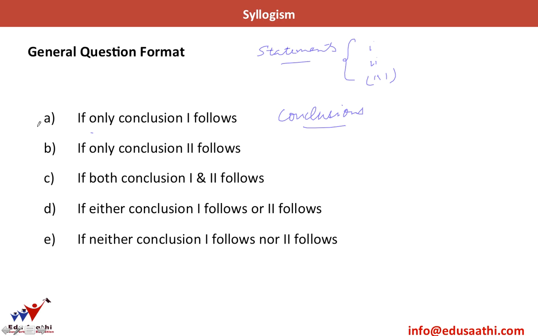Then you'll have answer options like A if only conclusion 1 follows, only conclusion 2 follows, both 1 and 2 follow, either conclusion 1 or 2 follows, and neither of them follows. We'll do some practice questions and then it will be clear.